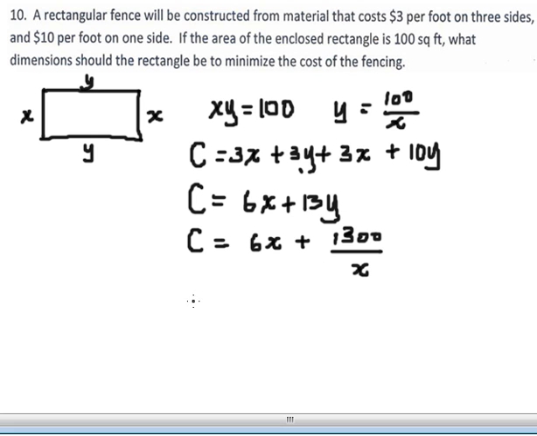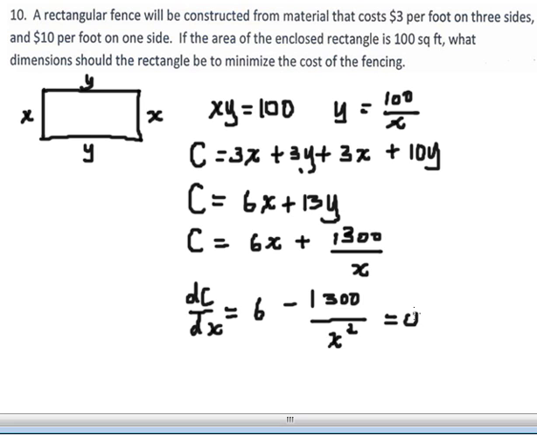Okay, take the derivative and set to 0 to get the value of x where c is minimum. So there we have 6 minus 1300 over x squared. That's the derivative.